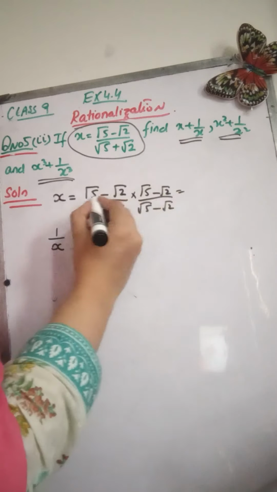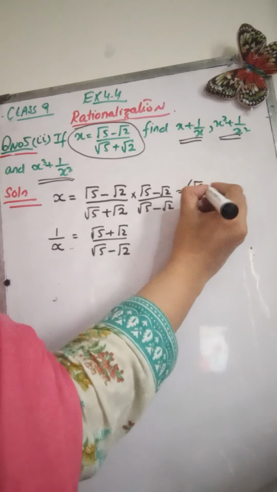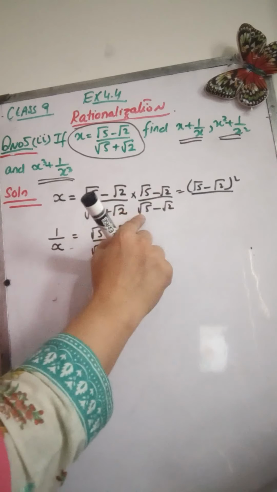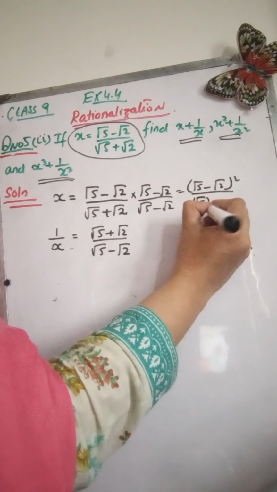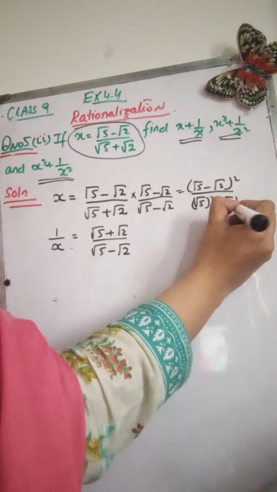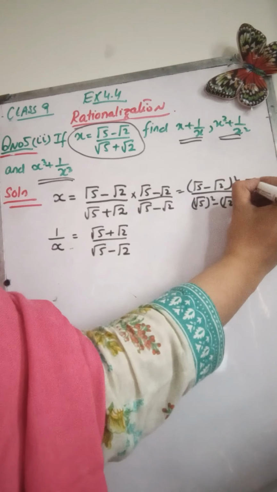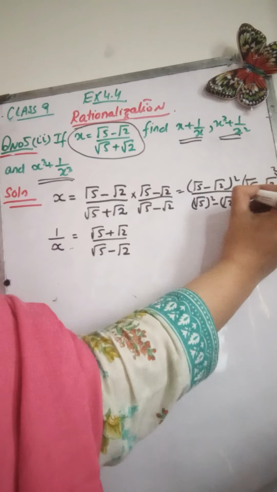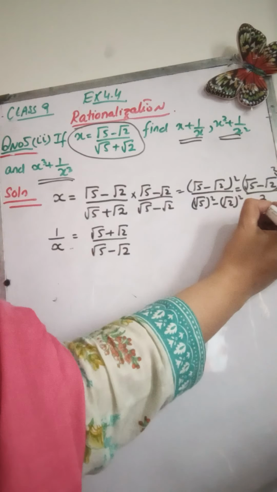And we are going to multiply these two numbers, which gives (√5 minus √2) whole square over a plus b into a minus b, which will be (√5) whole square minus (√2) whole square, which is equal to (√5 minus √2) whole square over 5 minus 2, which is 3.